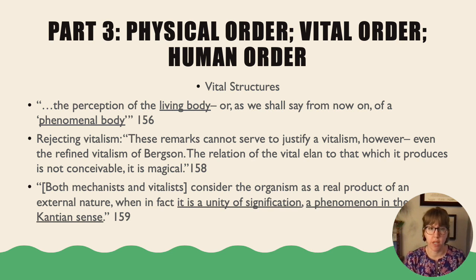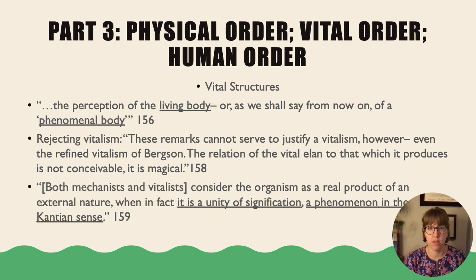So he's rejecting vitalism. He says these remarks cannot serve to justify a vitalism. Even in the refined vitalism of Bergson, the relation of the vital, I don't know how to say this word, elan, to that which it produces is not conceivable, it is magical.